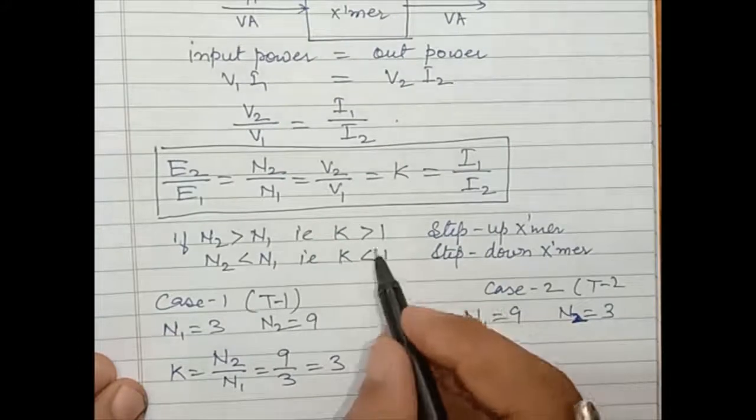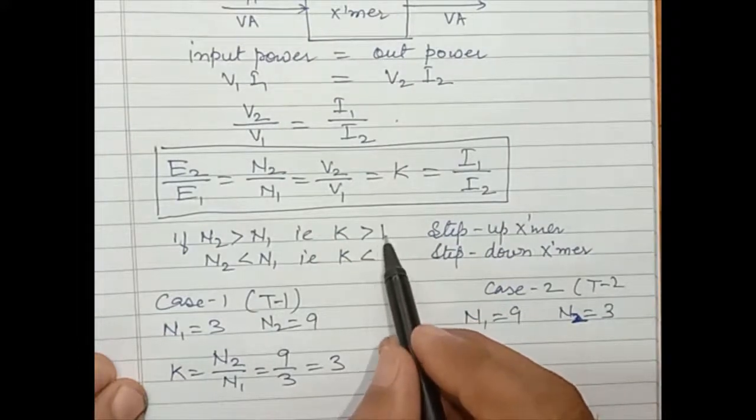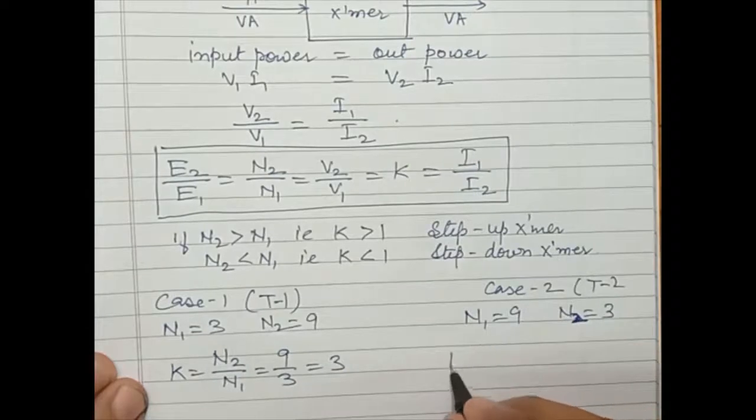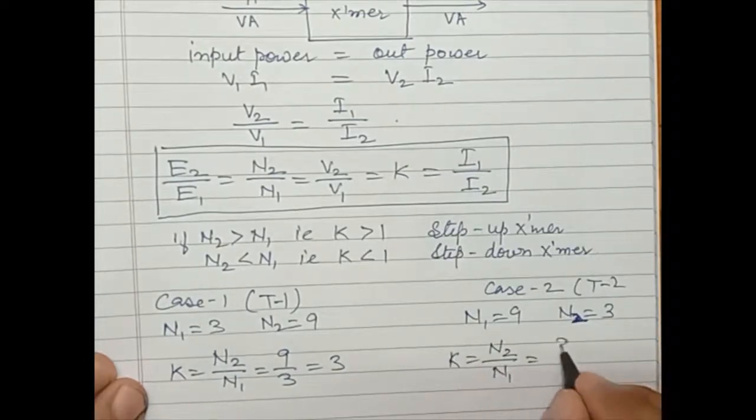It means 3 is greater than 1, so it is a step up transformer, whereas in this case K is equal to N2 divided by N1, 3 divided by 9 or 1 by 3, which is 0.33, less than 1. It means it is a step down transformer. Okay, thank you.